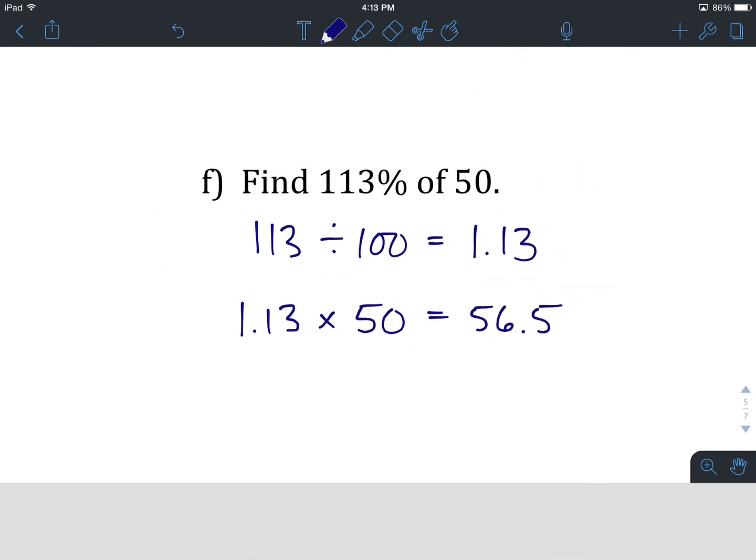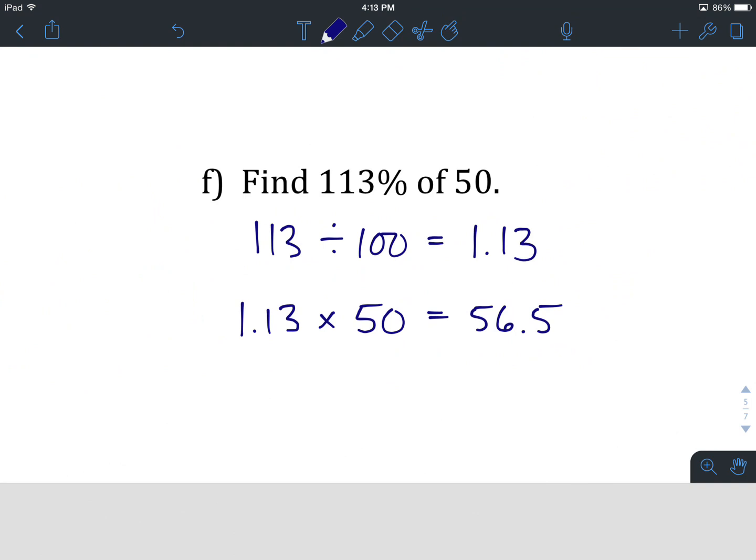So that number, 56.5, is actually larger than the number that we started with, 50. But if we consider that 113% is actually bigger than 100%, it makes sense that our answer will be larger than the number that we started with, which is 50. So there's nothing wrong with ending up with an answer that was larger than when you started with, assuming that you've got a percentage that is larger than 100.